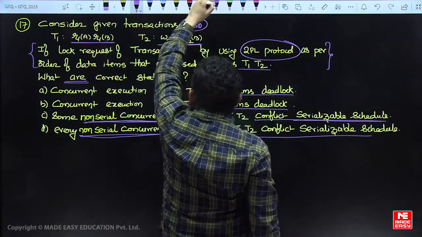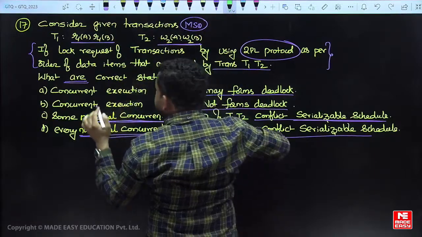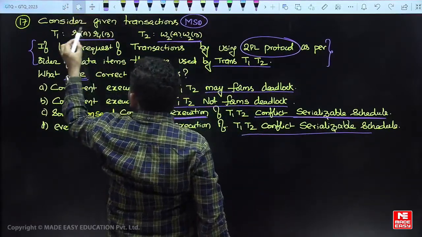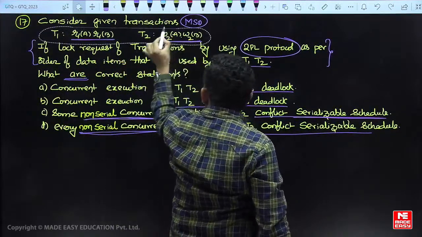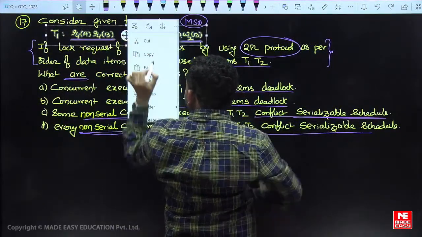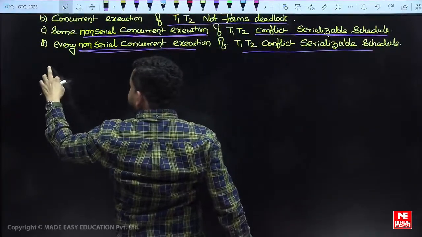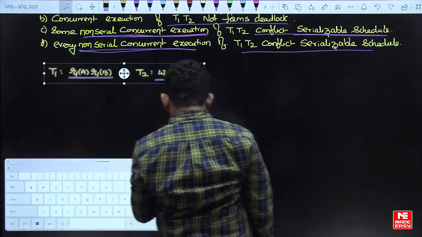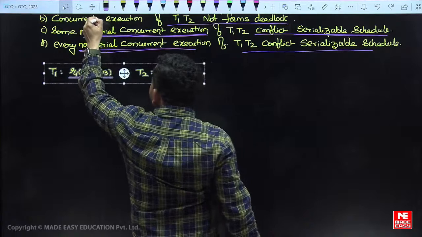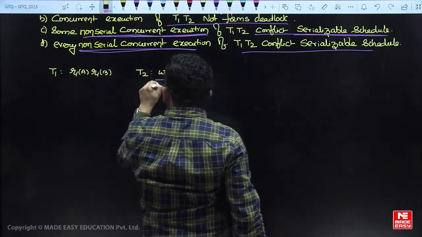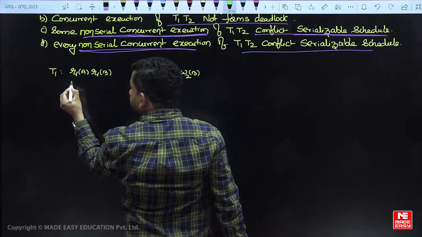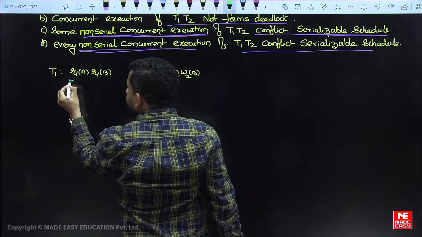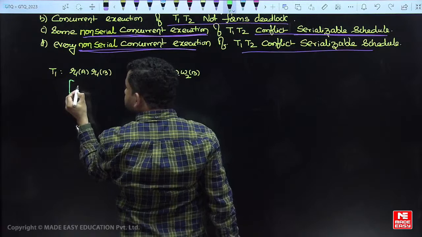So see this one, the T1 transaction and T2 transaction, these are the two transactions given. The transaction should lock the data as per the sequence of execution.